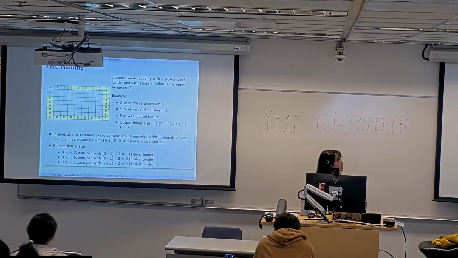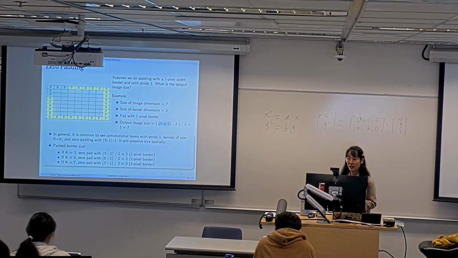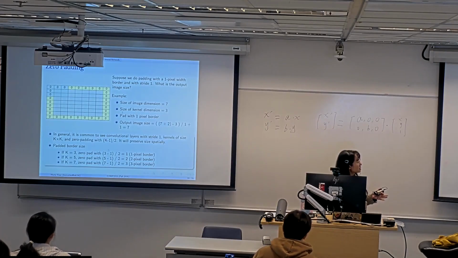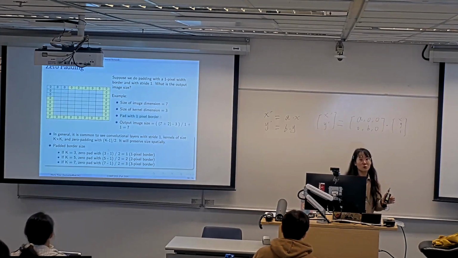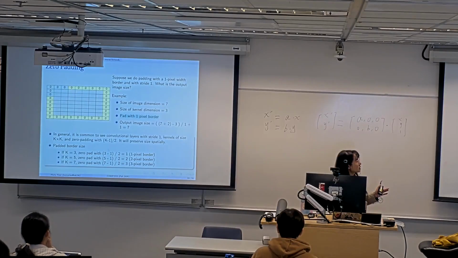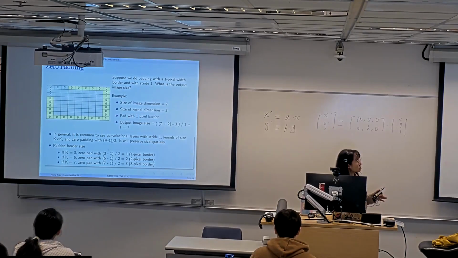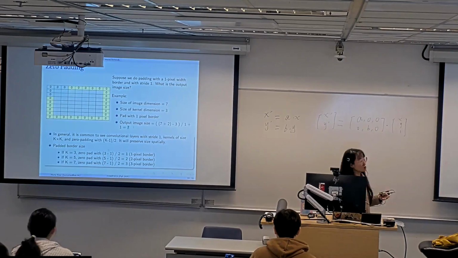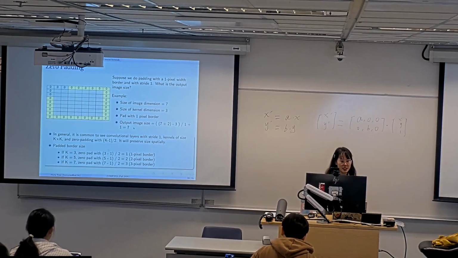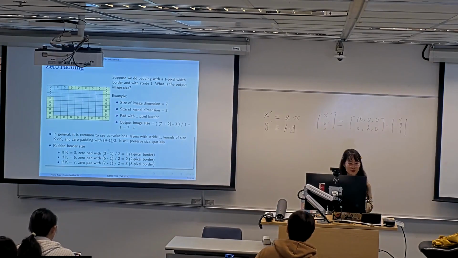Note that the input dimension becomes 7 plus 2 after we apply padding. Even though we said that it's padded with a 1 pixel border, it's on both sides, right? If you pad on the left side, then you will also pad on the right side. If you pad on top, then you will also pad at the bottom. That's why it should be 7 plus 2. This would be the new image dimension, and then minus kernel dimension. So after that, the output image size will be 7. So now the output image size stays the same as the input image size after padding.